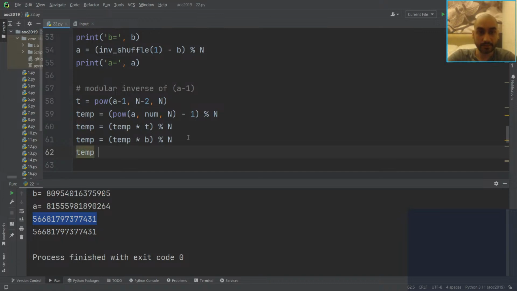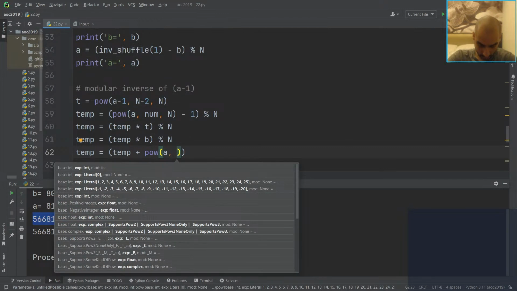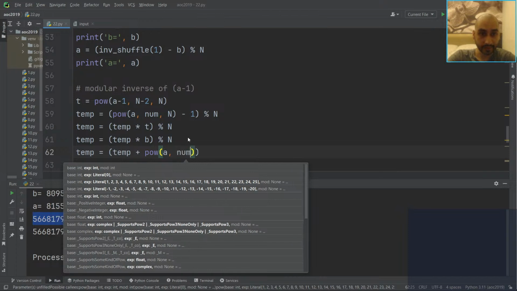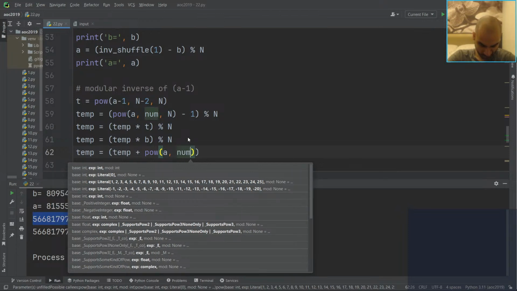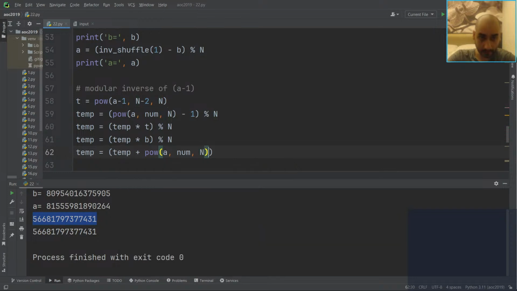And then finally temp equals temp plus power of A to the power num, N. So that again, which we've computed once already, times index 2020 % N. Is that it?